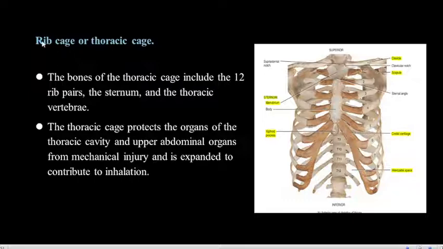So, ang rib cage po natin, kasama po dyan ang thoracic vertebrae. The thoracic cage protects the organs of the thoracic cavity, upper abdominal organs from mechanical injury and is expanded to contribute to inhalation.